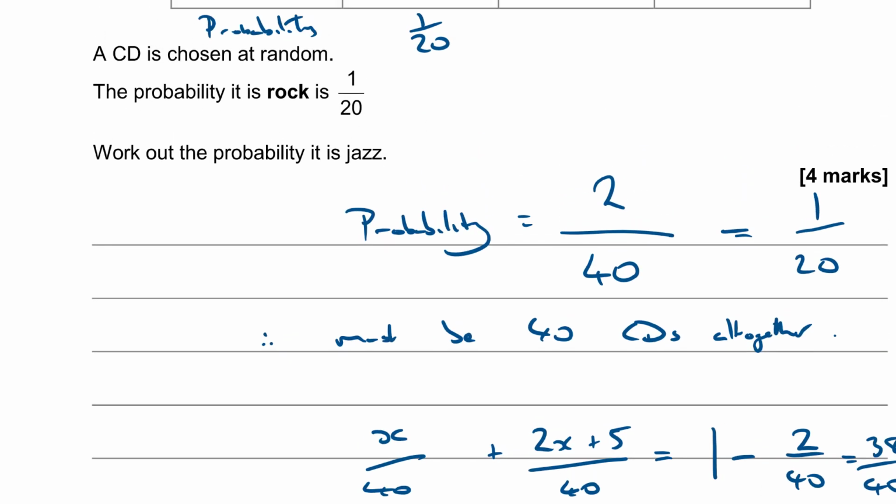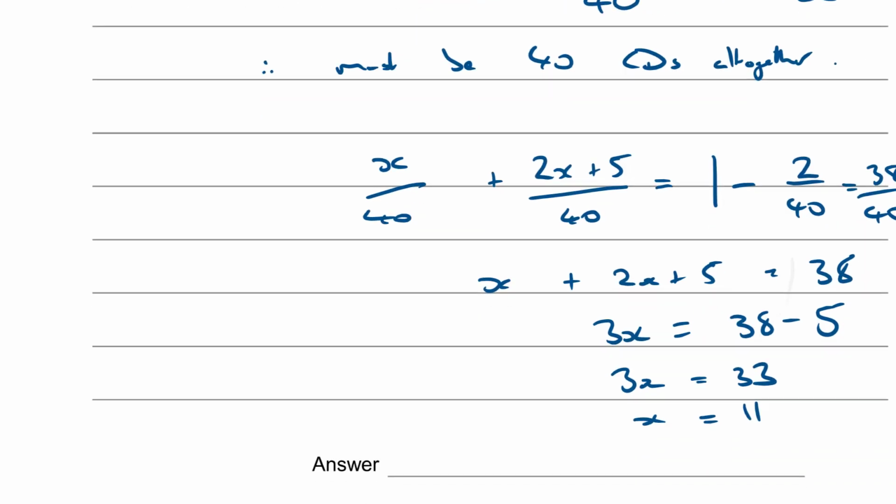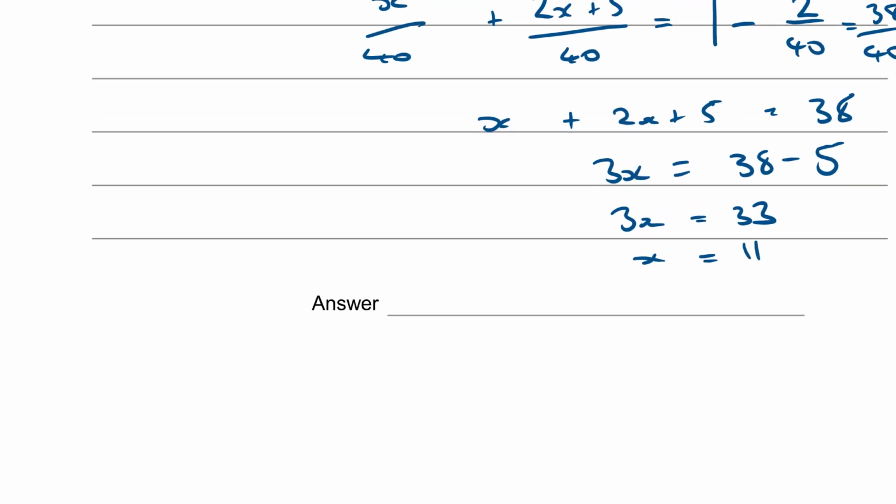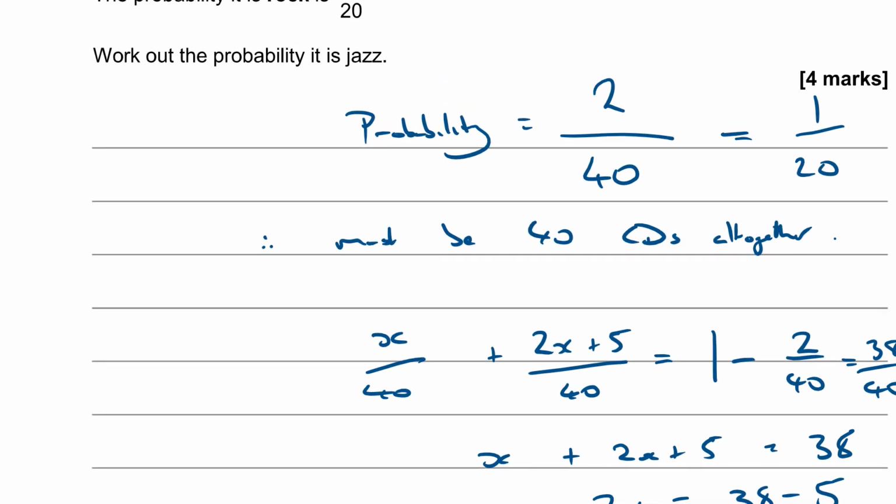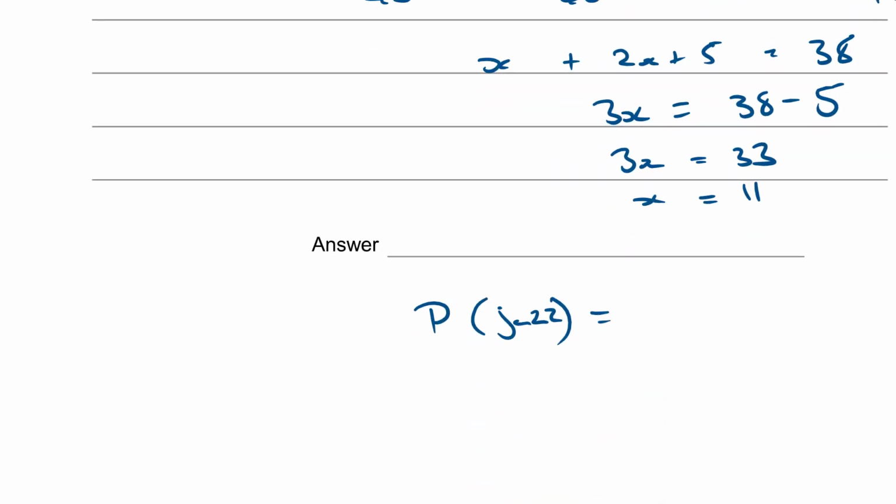So what is the probability then of getting jazz? Well, we're told it's 2x plus 5, aren't we? So 2x plus 5 over 40, where x is 11. 2 11s are 22, plus 5 is 27 over 40. So my answer, 27 over 40.